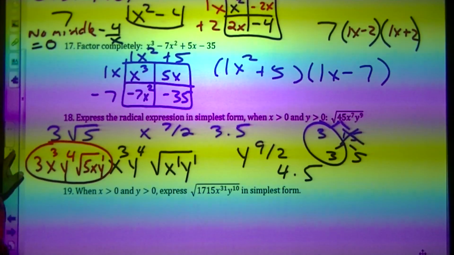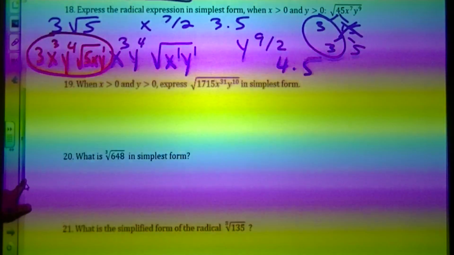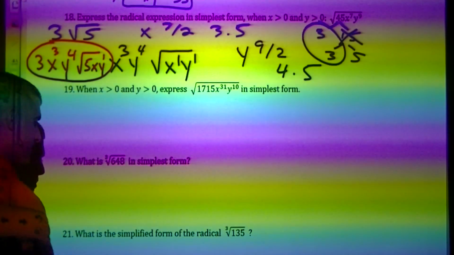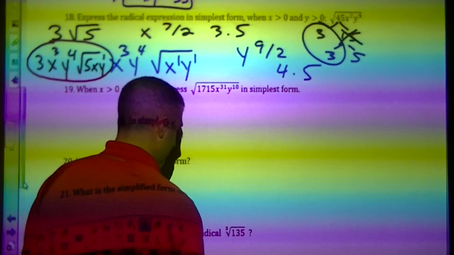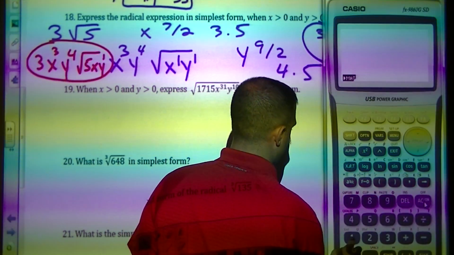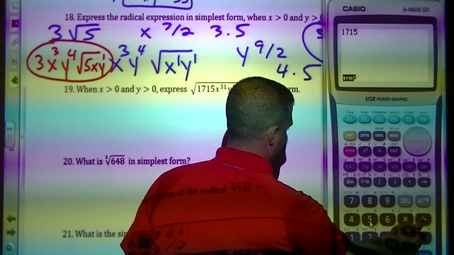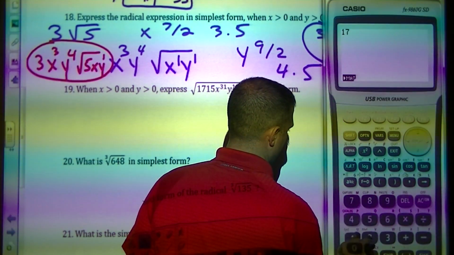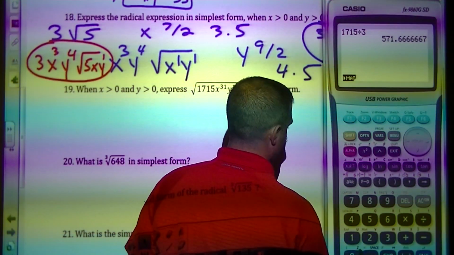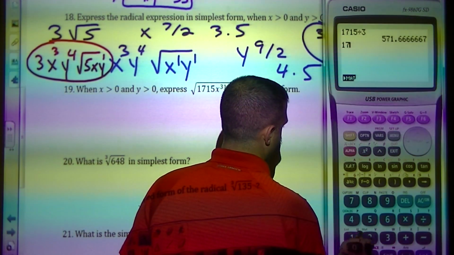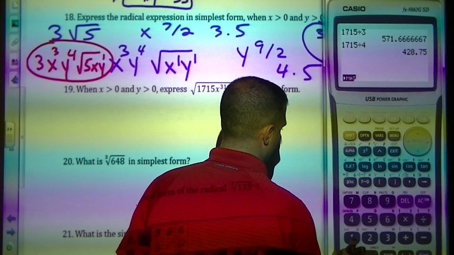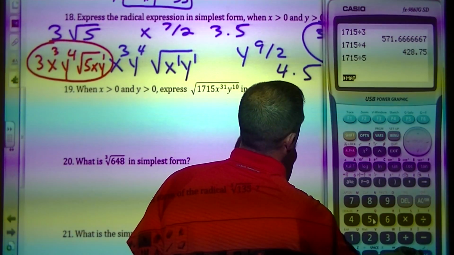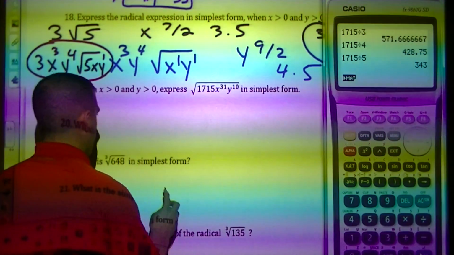All right. Reducing this one, this is going to be another one of those big square root problems. I'm going to check to see what I can divide those by. 1715 divided by 2, that doesn't work. Divided by 3, that doesn't work. Divided by 4, nope. Divided by 5, yes, 5 and 343.